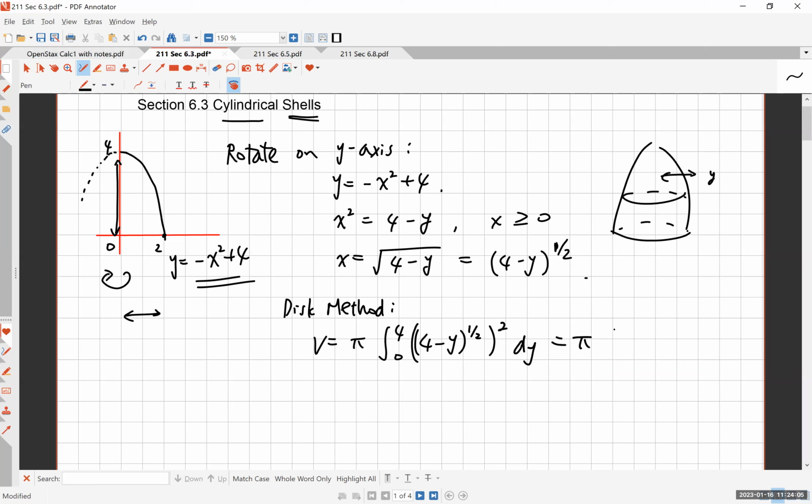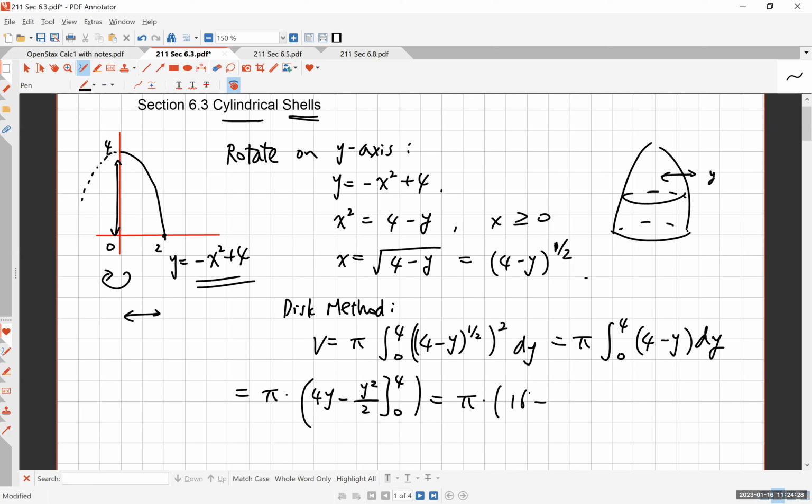That's pretty simple: pi times the integral from 0 to 4 of 4 minus y dy. So that's pi times 4y minus y squared over 2, going from 0 to 4. That's pi times 16 minus 8, so that's going to be 8 pi.